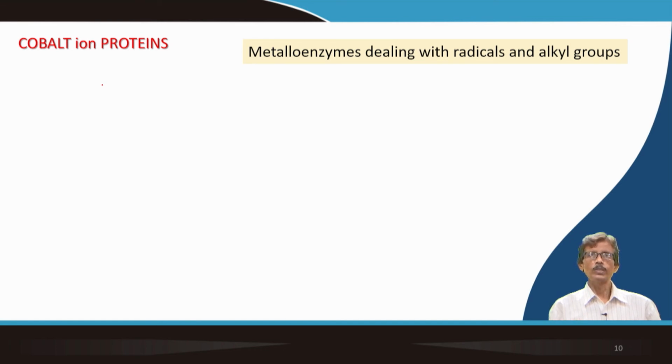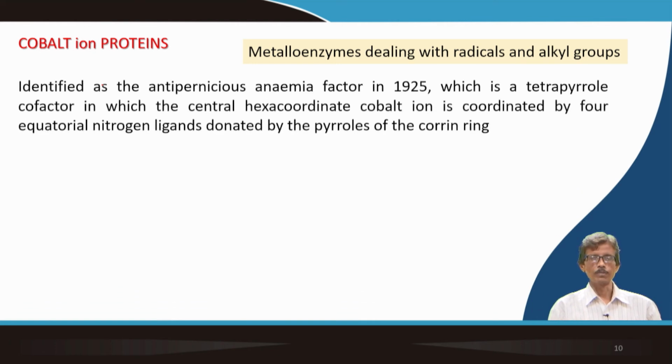So mostly, when we talk about metalloenzymes dealing with the formation of radicals and the alkyl radical, those are cobalt proteins. Long back, almost 96 years ago, it was considered the anti-pernicious anemia factor. It is a type of anemia not due to the absence of iron, myoglobin or hemoglobin, but it has a co-catalytic or coenzyme role, and to stop pernicious anemia you must take vitamin B12.